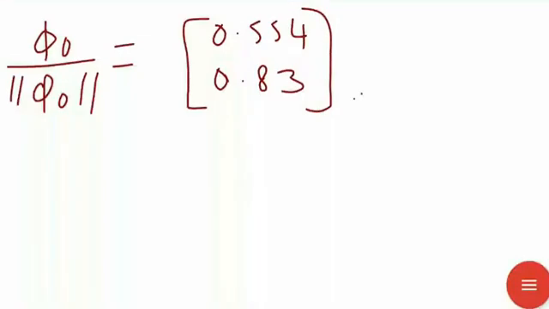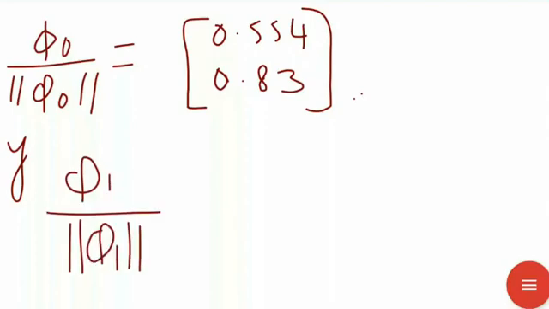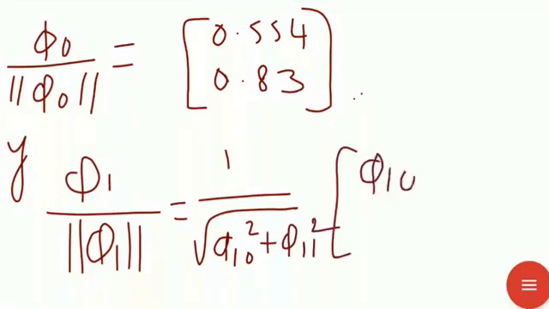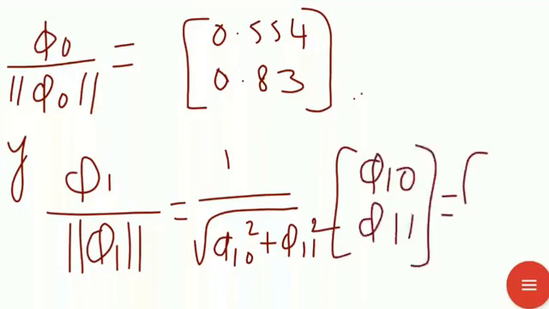Similarly, find the normalization of phi 1. Based on the formula, 1 by square root of phi 10 square plus phi 11 square, times phi 10, phi 11. Then you can get the normalized values minus 0.83, 0.55.